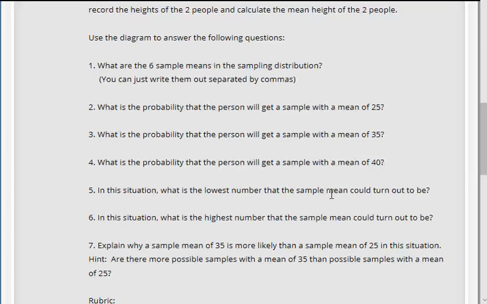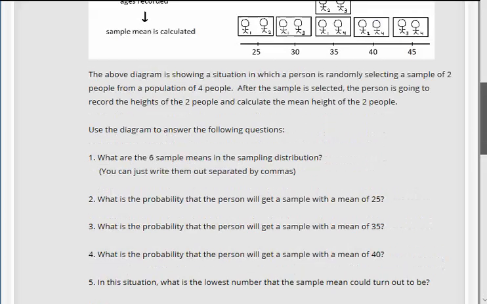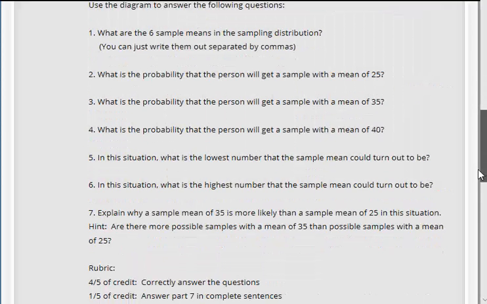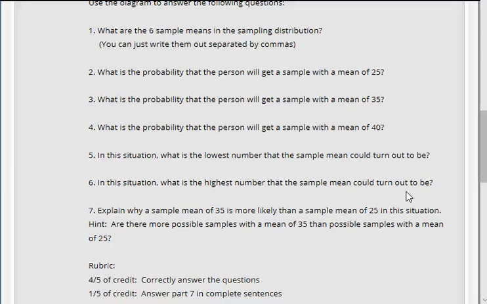Question 5 is asking, what's the lowest number that the sample mean could turn out to be? Well, that's just asking you to find the number that goes with the lowest box. If the lowest box has a mean of 25, then the sample mean can't be any lower than 25. What's the highest number that the sample mean might turn out to be?